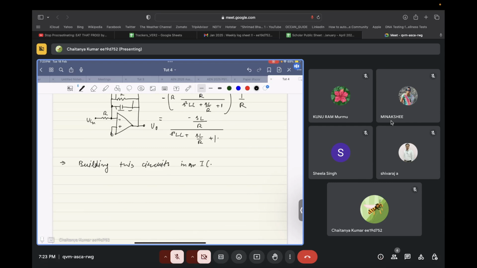Again, I will ask the students of this group. In this class, what is so fascinating about integrated circuits? Or at least you have seen integrated circuits in your life, right? Maybe in your labs, maybe you might be doing some experiments in your BTech, right?